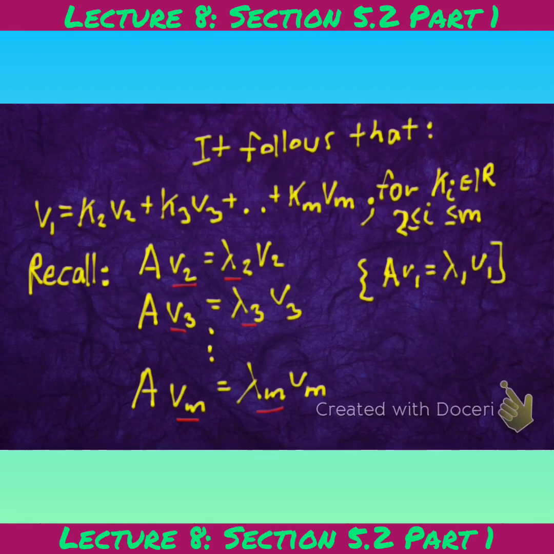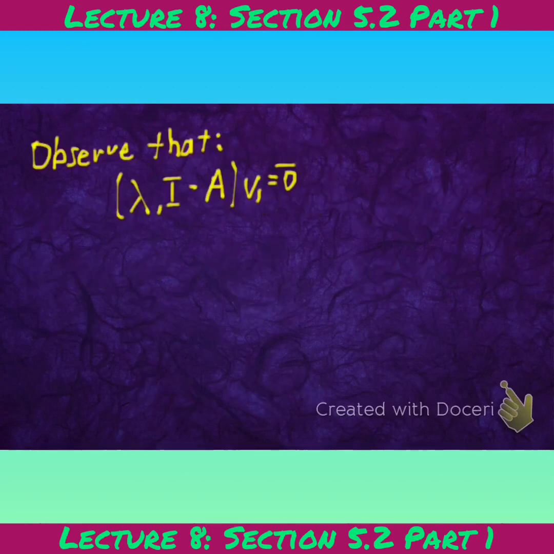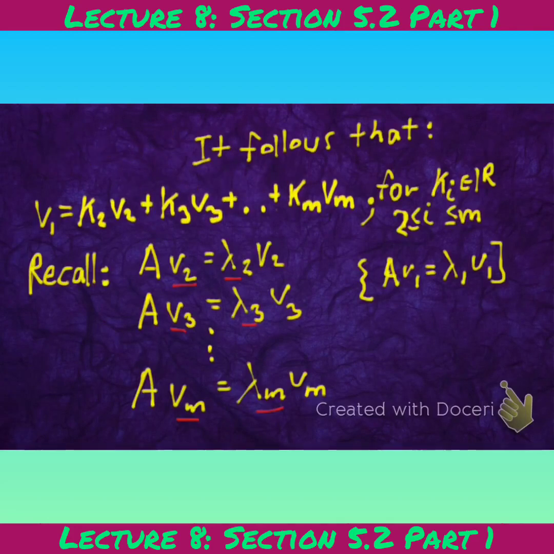So if we look at our eigenvector equation, then we get the following. Our eigenvector equation is obviously satisfied because V1 is an eigenvector corresponding to lambda 1. Now we can go and replace V1 with that linear combination we talked about. Right, so let's take that linear combination.